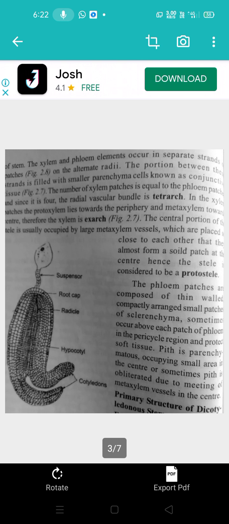Hence the xylem is of exarch type. The central portion is usually occupied by large metaxylem vessels placed close to each other, which almost form solid patches at the center. Hence the stele is considered a protostele. The phloem patches are composed of thin-walled, compactly arranged small cells. Sclerenchyma sometimes occurs above the patches of phloem in the pericycle region, and may be protective in function.